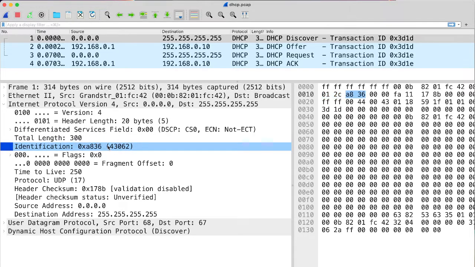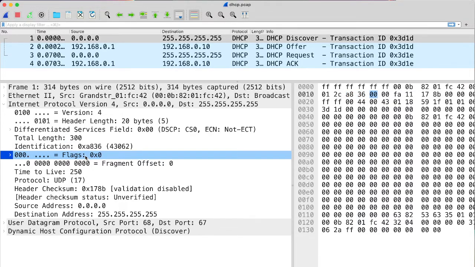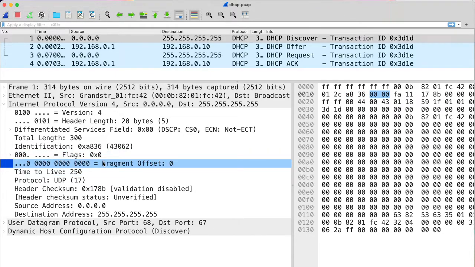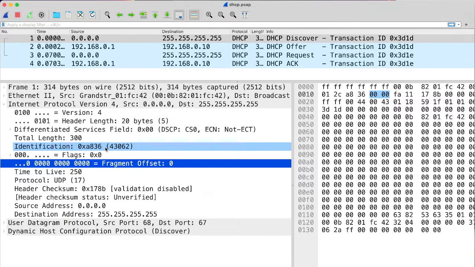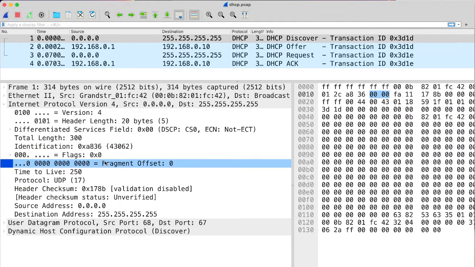Then there is the identification number, which is a random number, the fragmentation flags, and the fragmentation offset. Currently we simply set our MTU size to 1500, and all routers do so. So basically we don't need to do fragmentation in the current internet, so we simply use 0, 0, 0, and 0 right here.